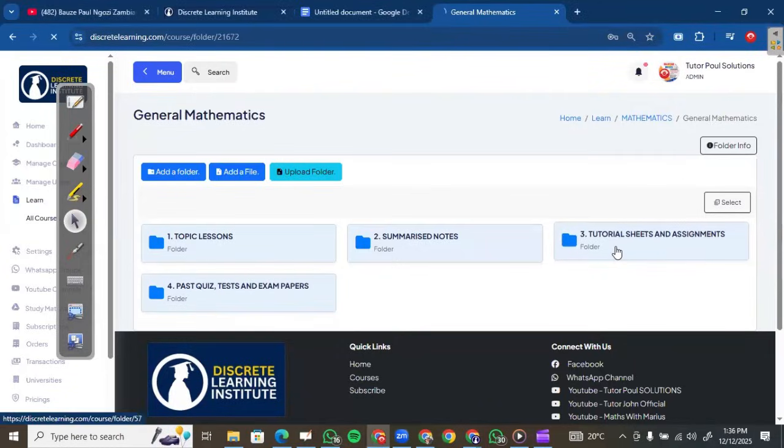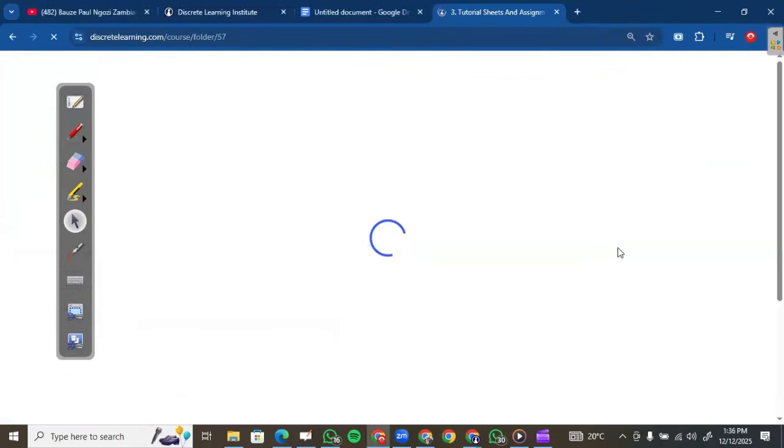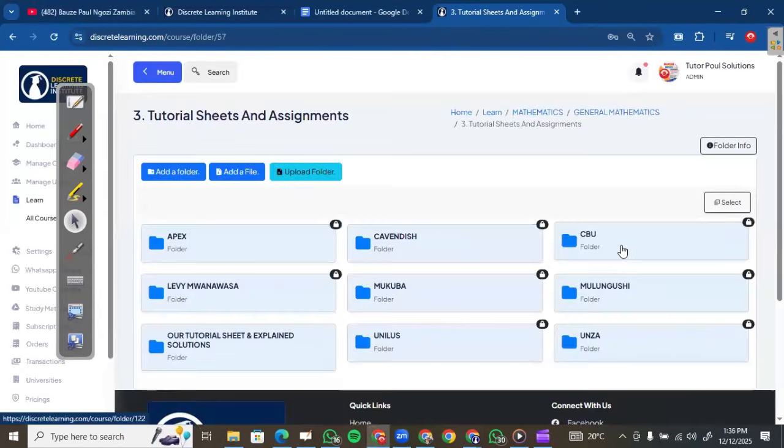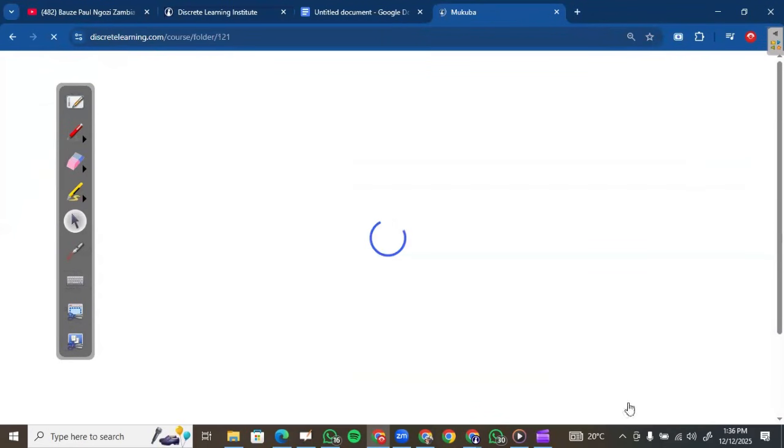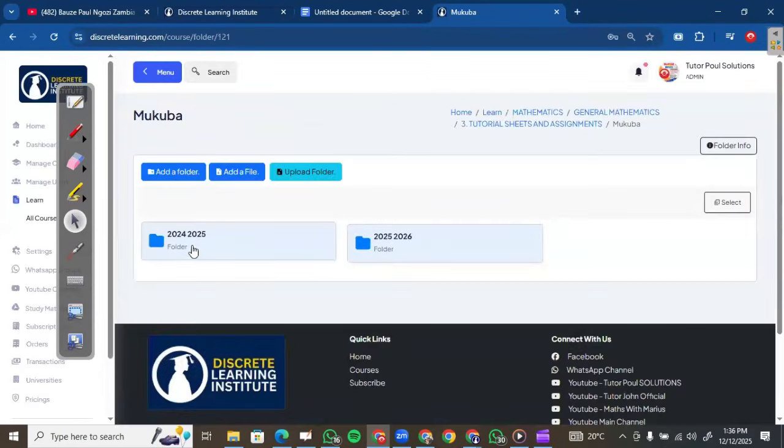If, for example, you go to the tutorial sheets here, it will depend on the university where you are. If you are from Apex, when you open this folder for tutorial sheets, you're only going to find the videos for Apex. If you're from Cavendish, you're only going to find videos for Cavendish. Let's say, for example, you are from Mukuba. So you open Mukuba, and once you open this folder, you see there are two intakes.